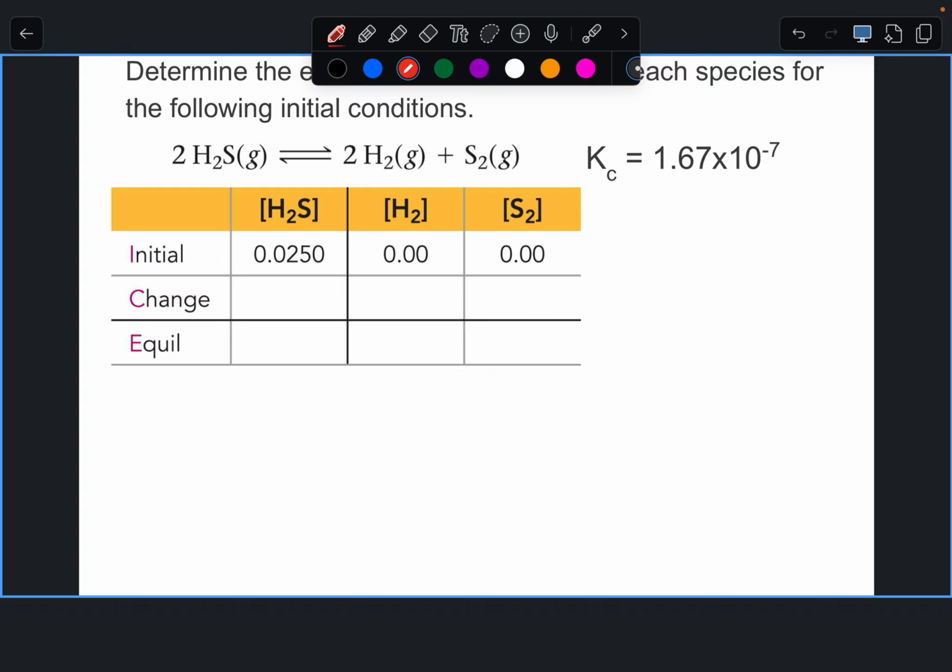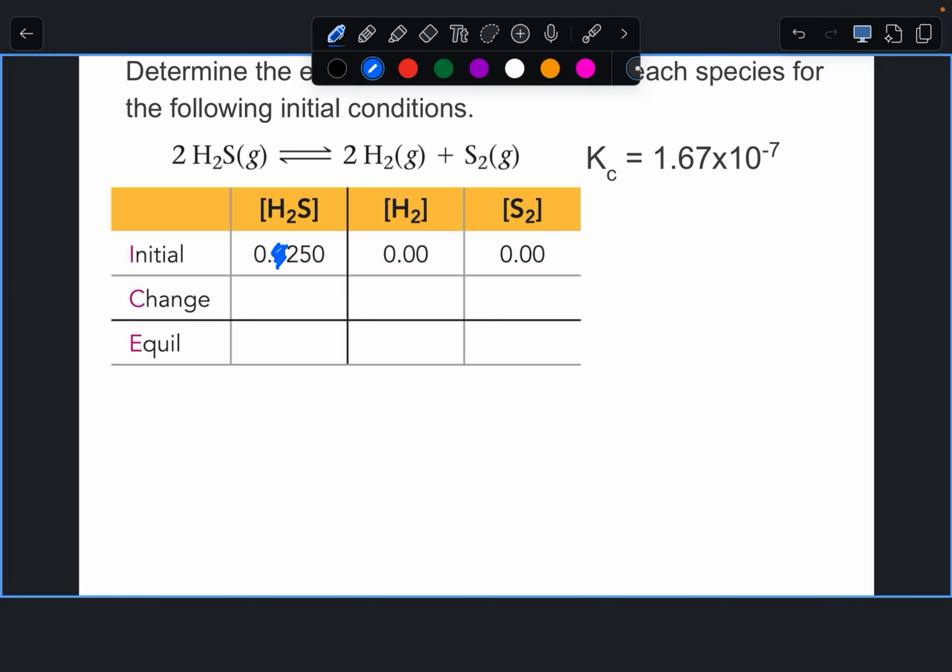So the K for this equation is 1.67 times 10 to the negative 7th, okay? So it's very reactant favored, all right? So let me actually change one of these values. Let's change this to get rid of that 0. So say it's 0.250, okay? It'll prove my point a little better.